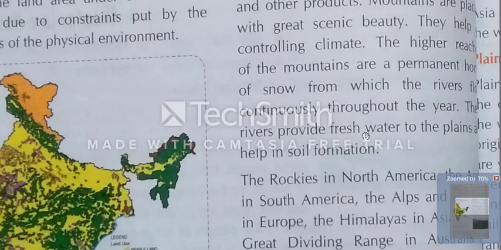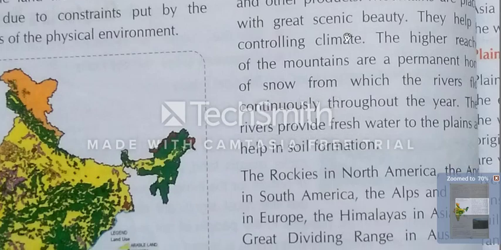If you see in class 7th, you have studied that soil is formed by the rock, and the rock is formed by the fresh water which comes through rivers. So here you can see the rivers provide fresh water to the plains and help in soil formation.